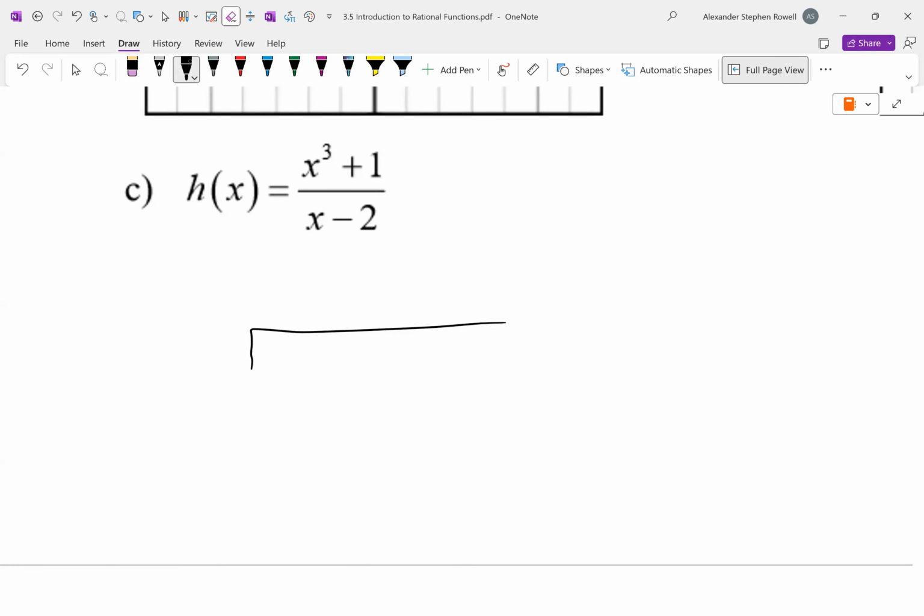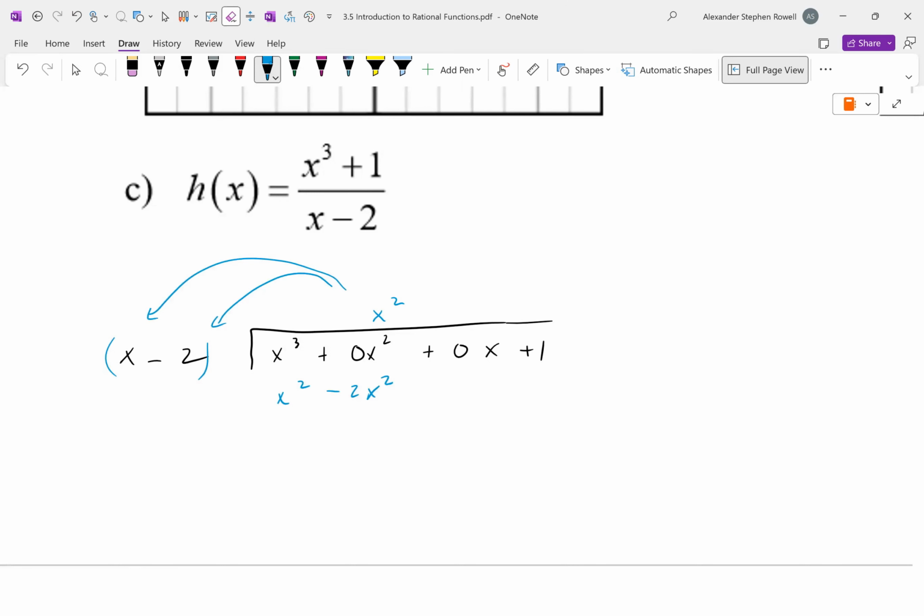What goes underneath the division bar? Okay, I'm going to divide it by x minus 2. So I should multiply it by what? x squared. So what's x squared times x minus 2? x cubed minus 2x squared. And we subtract. Oh, I wrote something wrong.